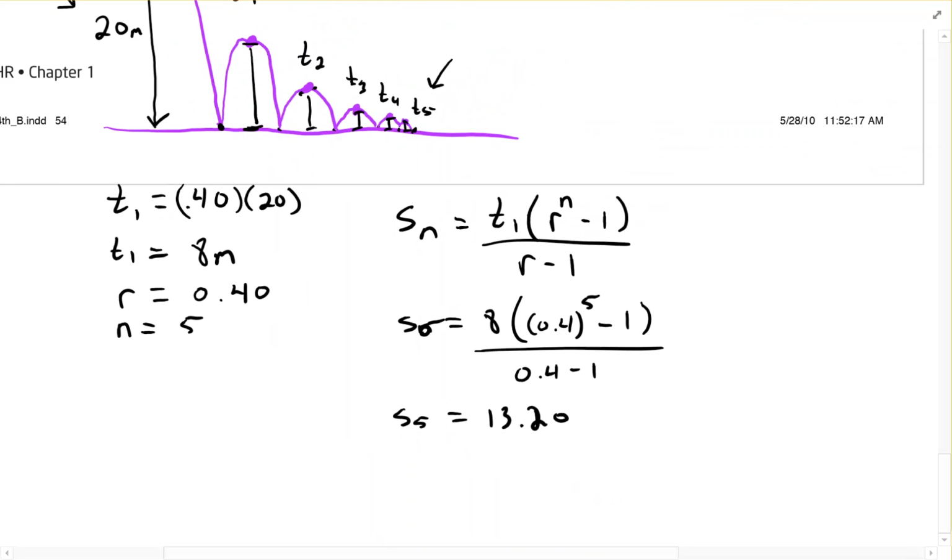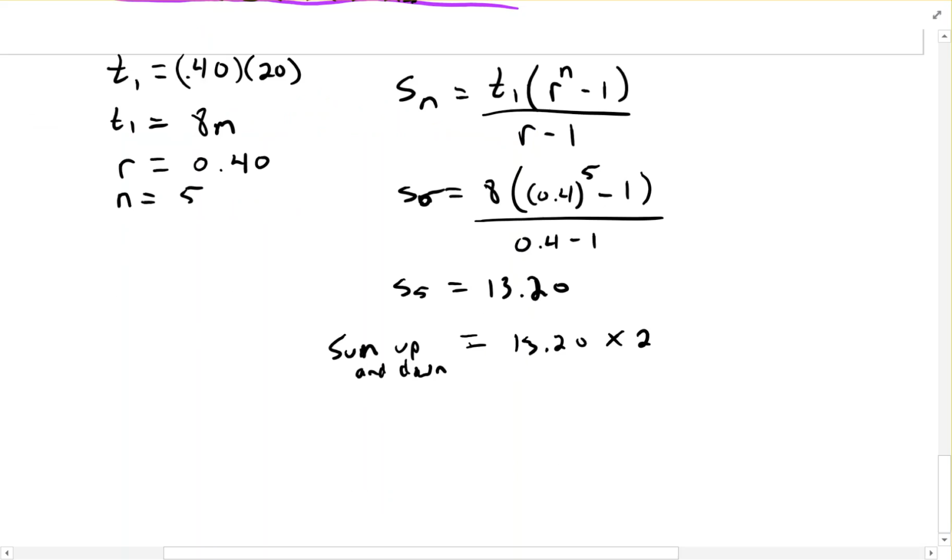So now, because it goes up and down, I'm going to multiply that by 2. So times 2. Let's write sum up and down: 13.20 times 2.